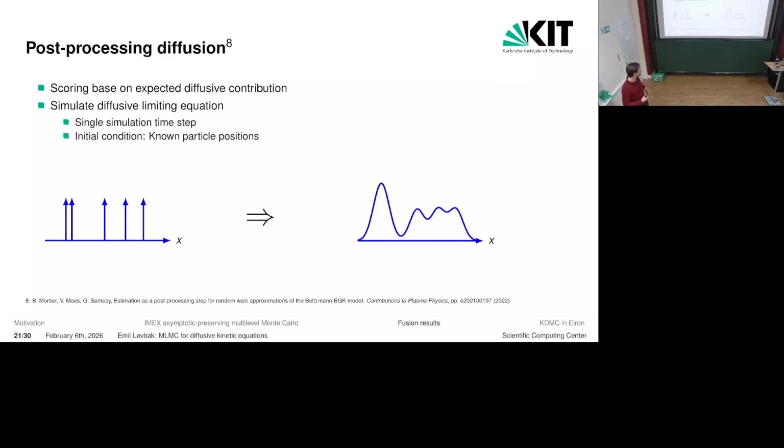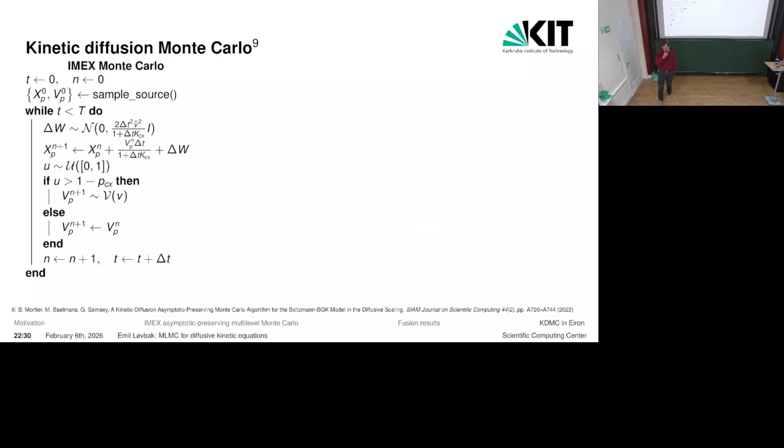We are still working through collaborations with people in the fusion community on this asymptotic preserving stuff in fusion, not multi-level yet. Getting multi-level into one of these production codes is going to be a task which I hope I don't ever get involved in.